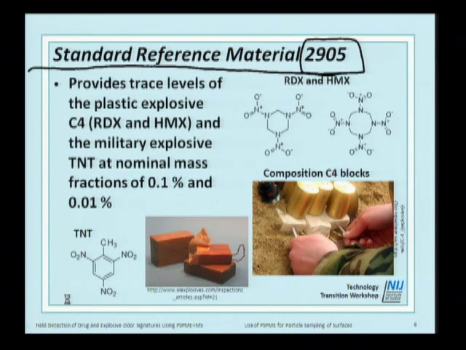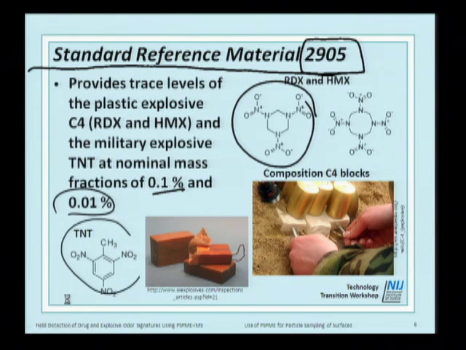It contains approximately 0.1% RDX and 0.01% TNT, and also has some HMX composition, and it simulates the composition of C4. And these are micron-sized particles. You cannot see the actual particles. And they come in a little vial, and I'll show you what it looks like. And they make them so that it simulates explosive particles.